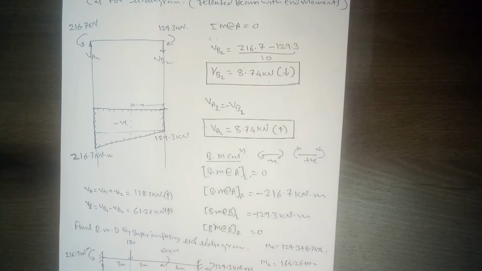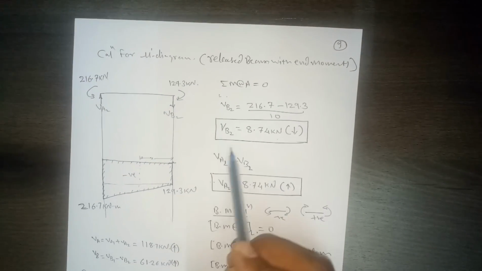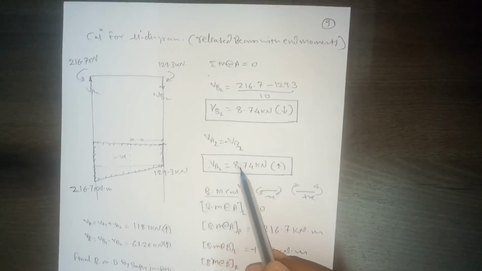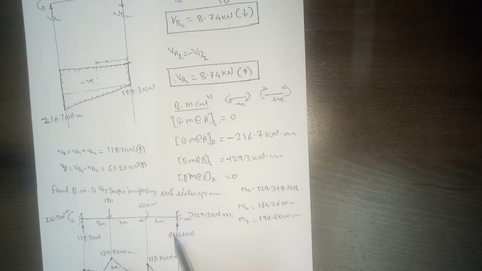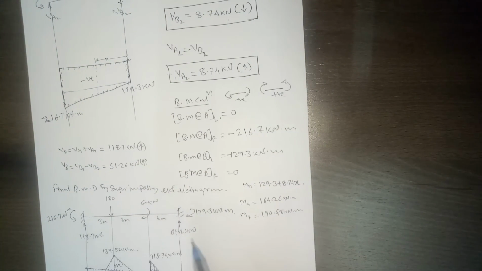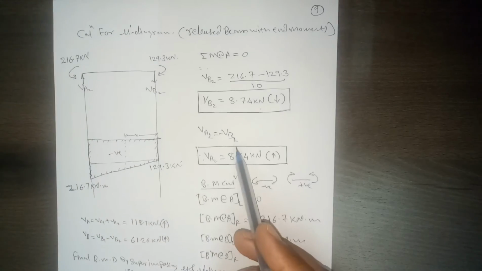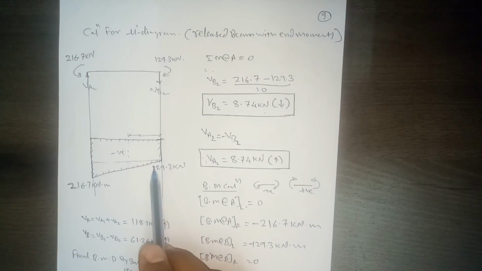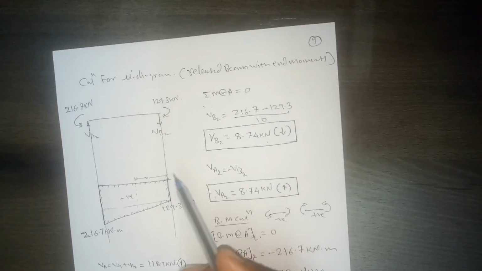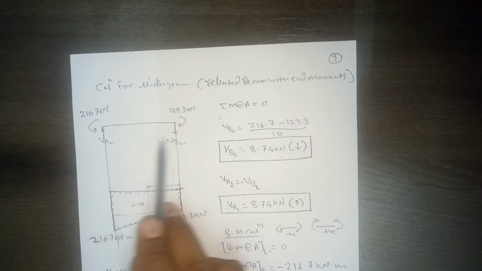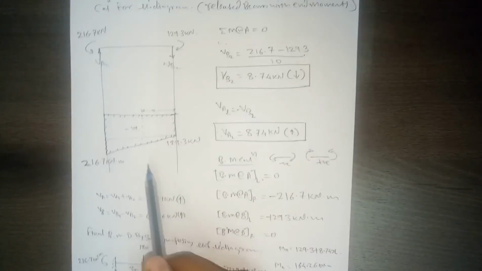If you want to plot the shear force diagram, then we need to calculate VB2 and VA2 because we need the final reactions. But in the bending moment diagram we are interested only in the Mu dash diagram, which you can directly plot without considering these fixed vertical reactions.